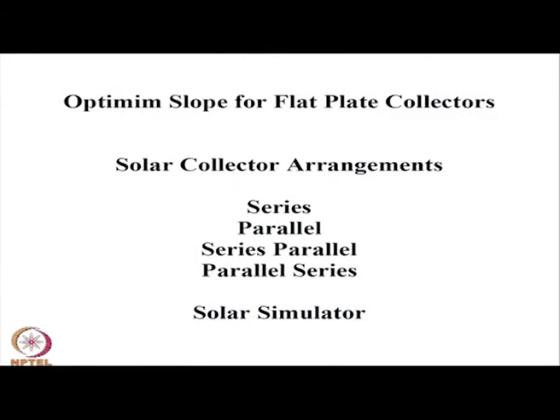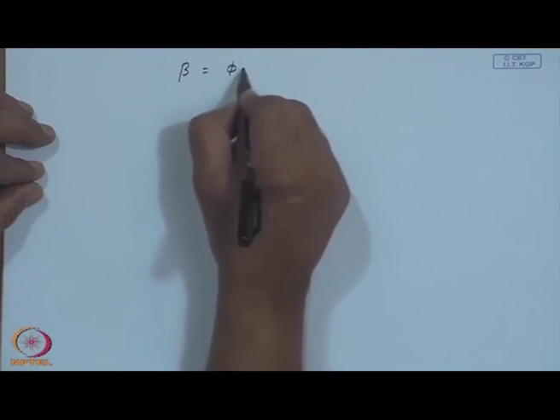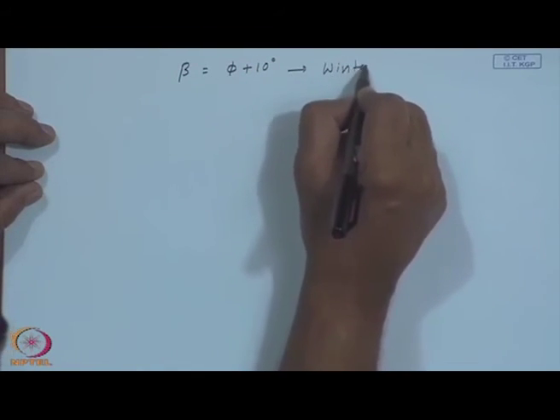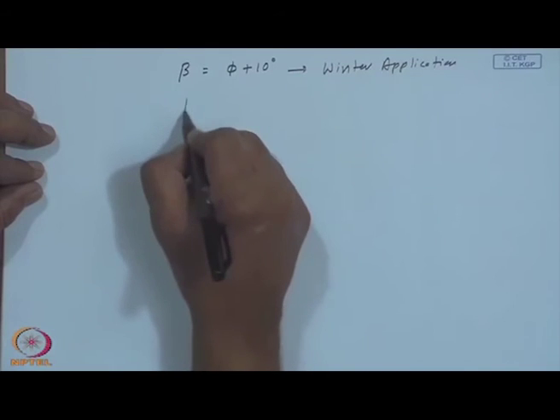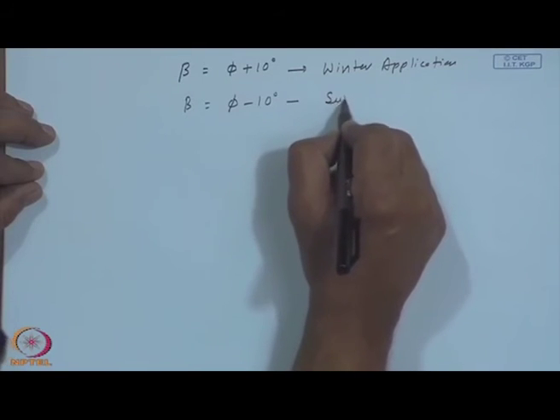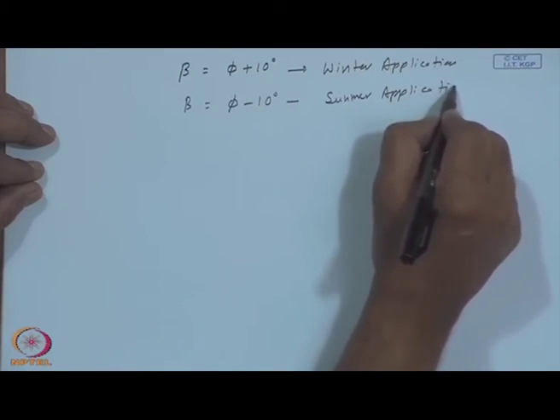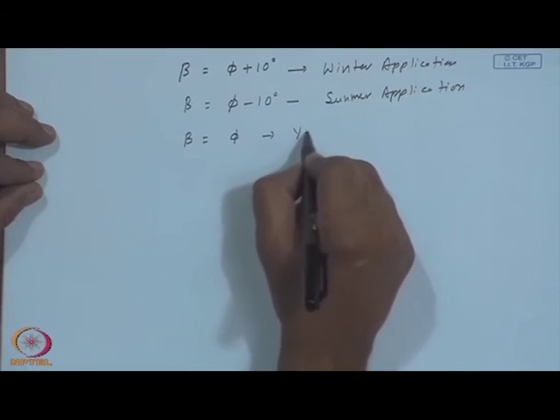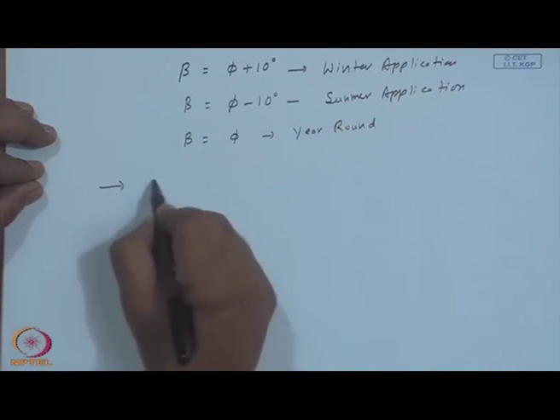because often it is stated that your beta is phi plus 10 degrees for winter application in general, and beta is phi minus 10 degrees for summer application. So, we make an engineering guess that beta is equal to phi for year round. So, this is some sort of a thumb rule.